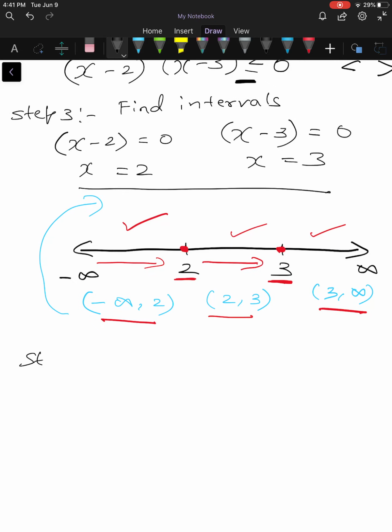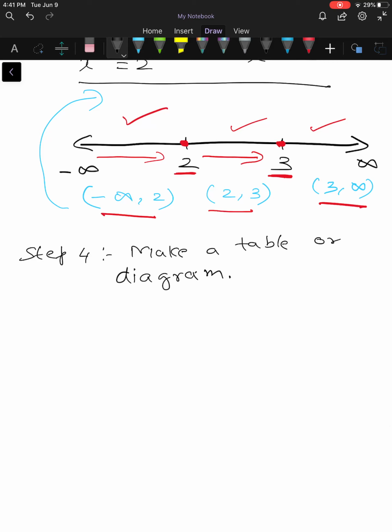Okay, our step 4 is make a table or diagram. I prefer diagram. Okay, you can make a table also. You will see how I split things, so that should be put into cells. That's it. So there is nothing different in writing a diagram or a table.